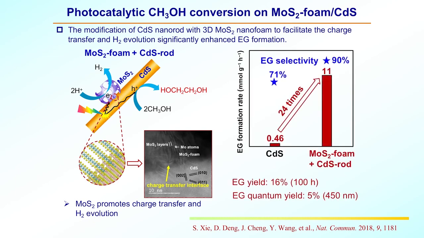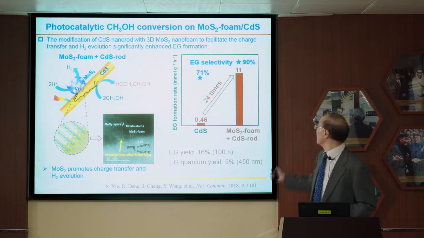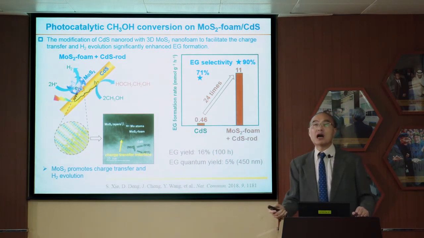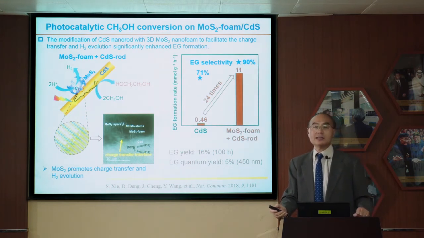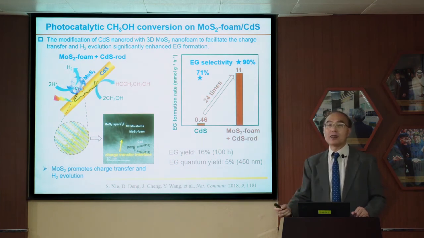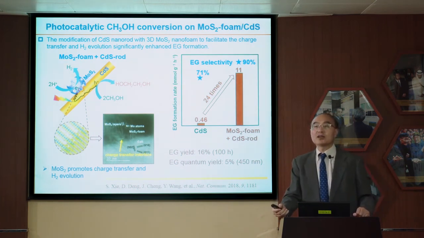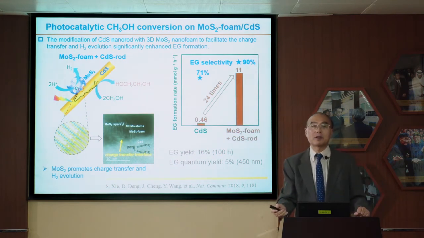The selectivity of ethylene glycol increased from 71% to 90%, and the ethylene glycol formation rate increased about 24 times, reaching 11 millimole per gram per hour. The catalyst was also quite stable for at least 100 hours, giving an EG yield of 16%. The EG quantum yield reached 5% at the wavelength of 450 nanometer.